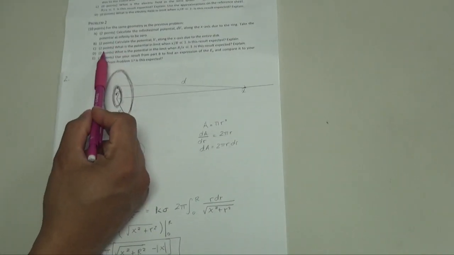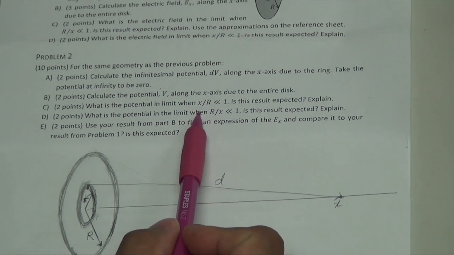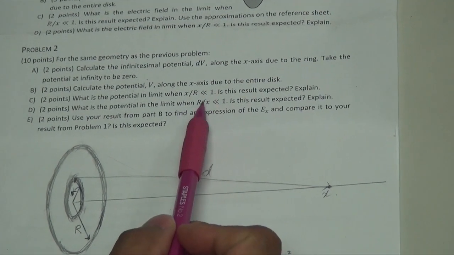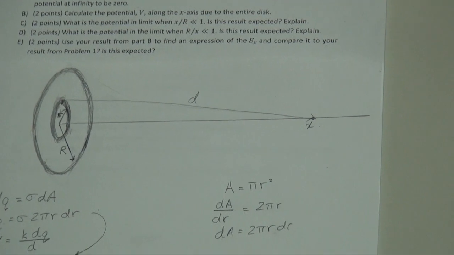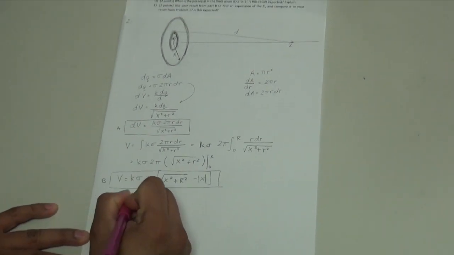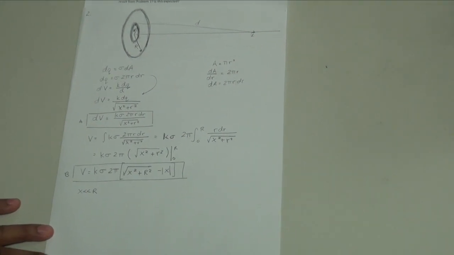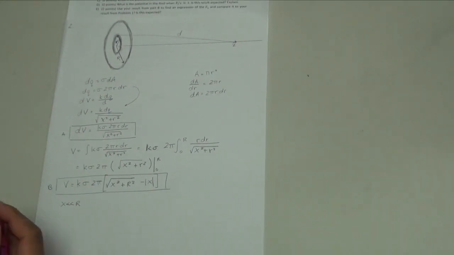So, part C. What is the potential in the limit when x over R is much less than 1? So let's look at that. When x is much less than R, we can take it as x being 0.